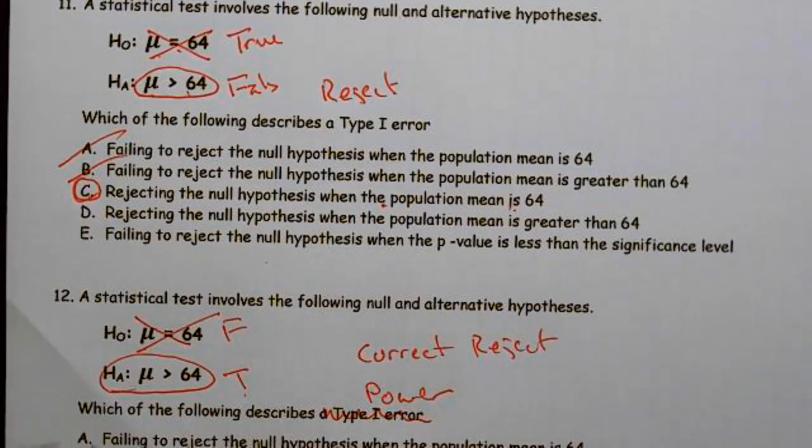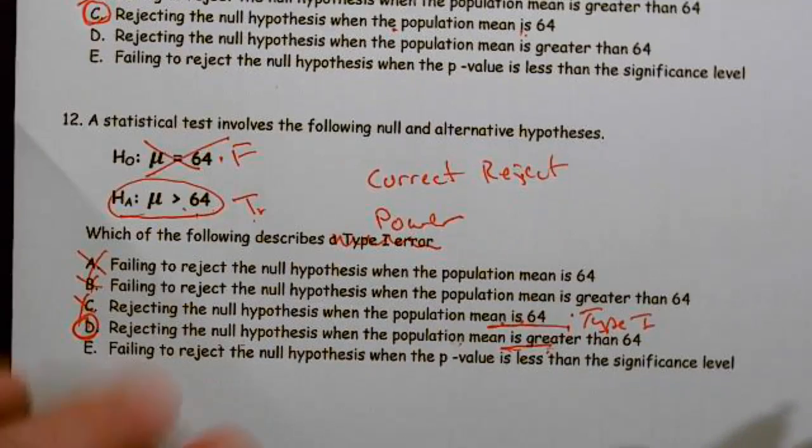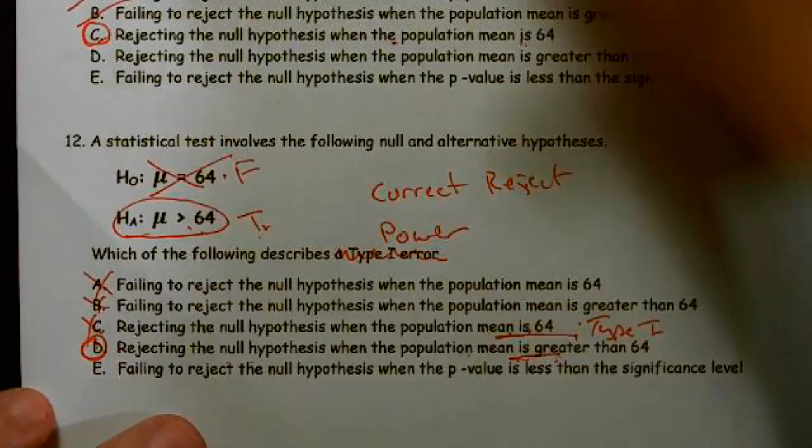So we're going to reject the null hypothesis when the mean is greater than 64, because not when it's 64, no, that would be type 1. Rejecting the null when the mean is greater, because remember, correct rejection means we rejected and the alternative was true. All right, so power is a correct rejection, so that is letter D. Rejecting the null hypothesis when the mean is greater than 64.